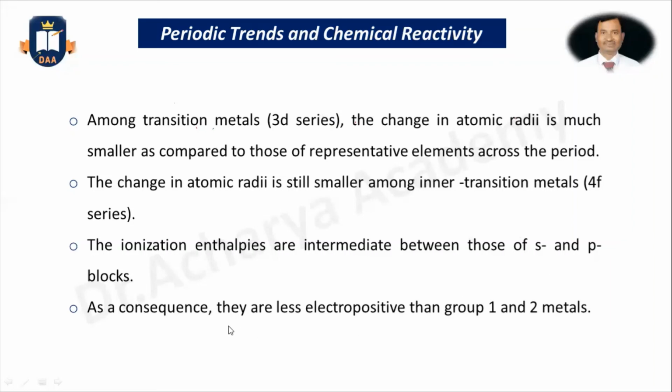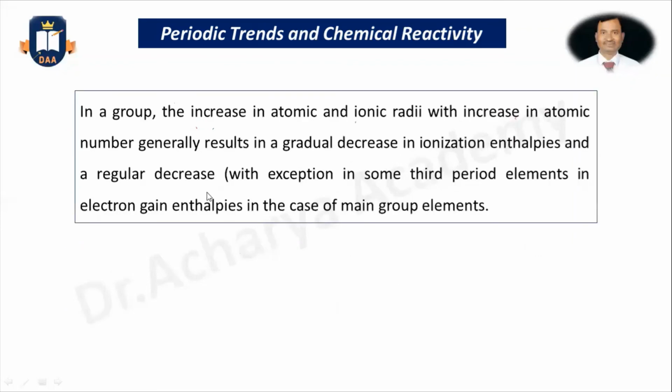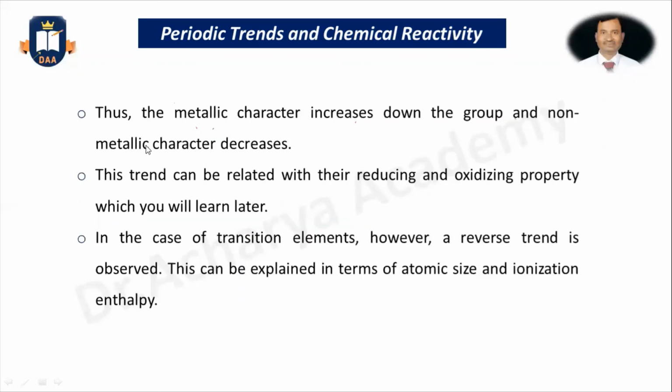And what is the result? These transition elements are less electropositive than group 1 and group 2 metals. In a group, the increase in atomic and ionic radius with increase in atomic number generally results in a gradual decrease in ionization enthalpies and a regular decrease, with some exceptions in some third period elements, in electron gain enthalpies in the case of main group elements.